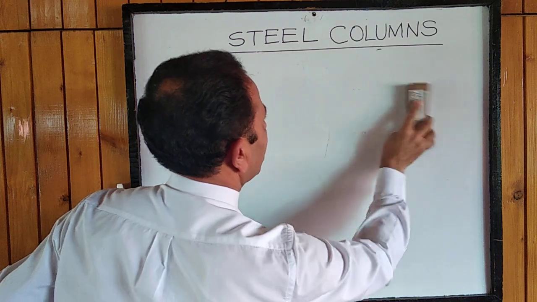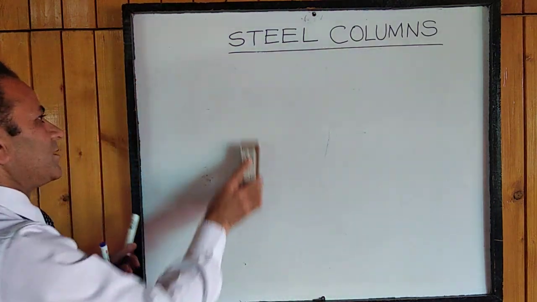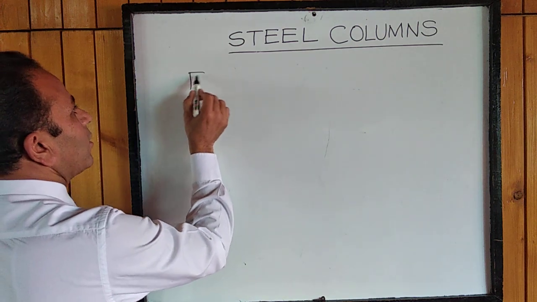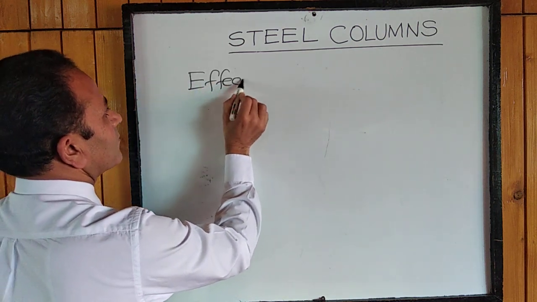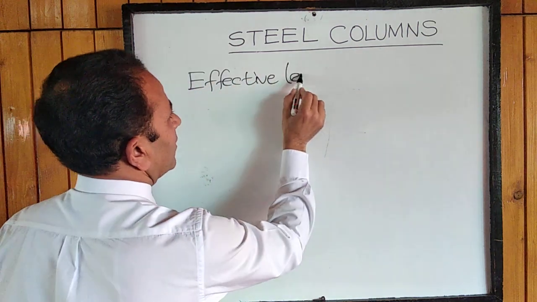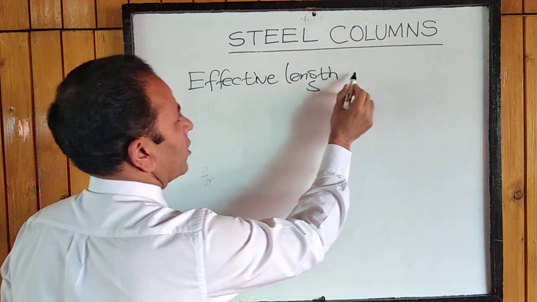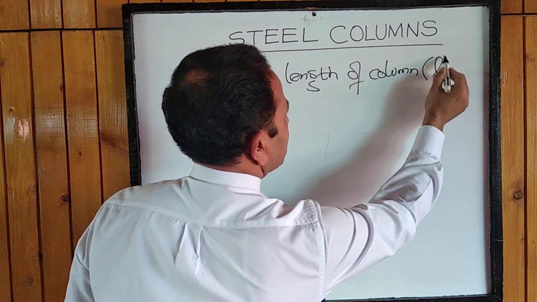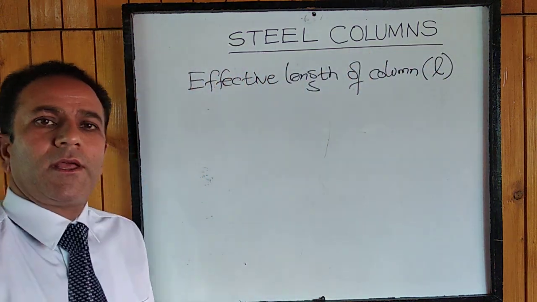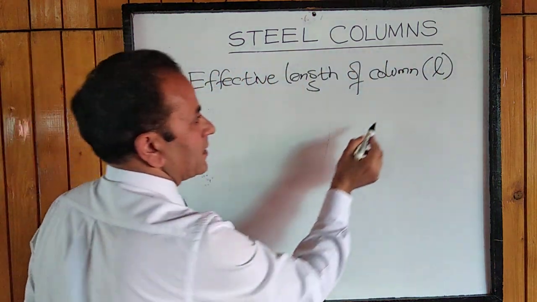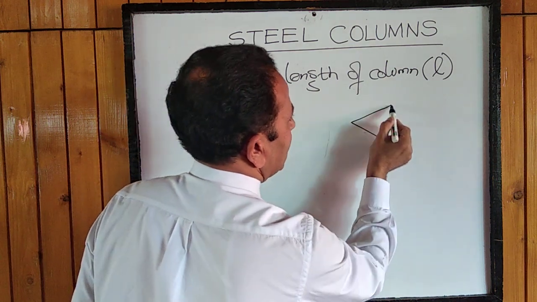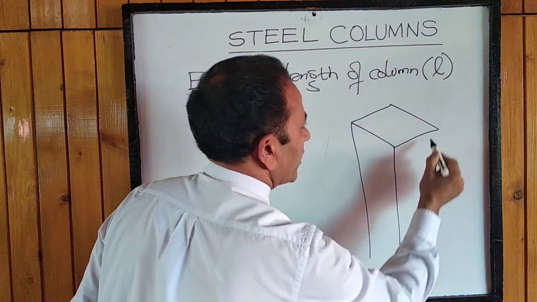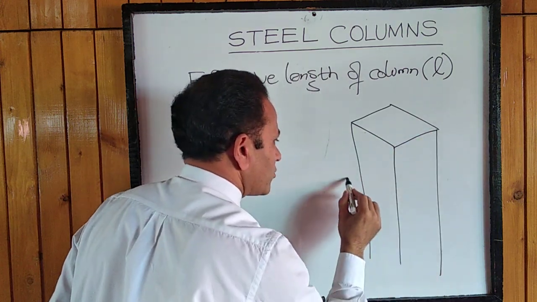Then we come to some technical features of the column. Say we have one parameter, what we call effective length of column, which is represented by small l. Now this column basically is a slender type of member in which the lateral dimensions are quite less as compared to the longitudinal dimension.